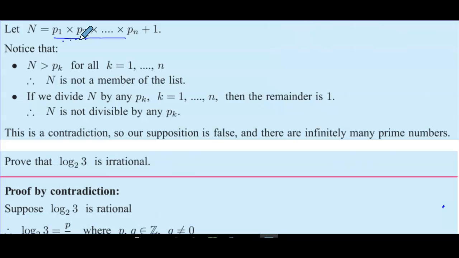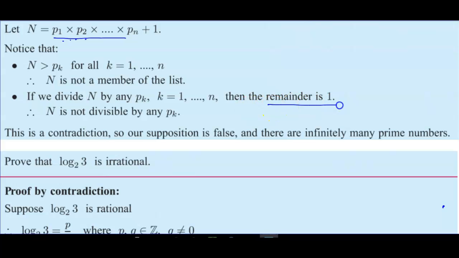Right? There's always going to be a remainder of 1. Always, because you just have to think about it. But wait a minute. If we have a number that can't be divided by any prime number before it, then that makes itself a prime number.